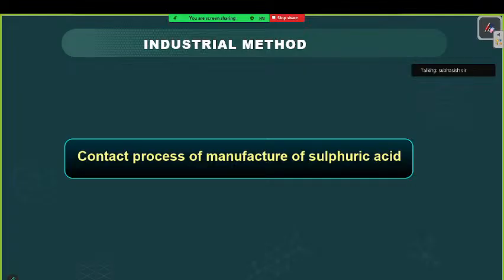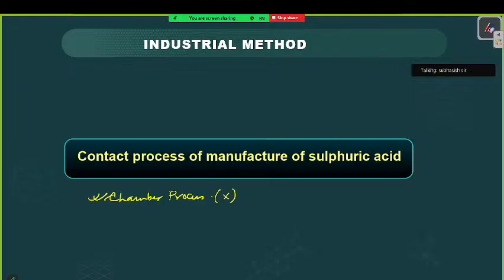Previously there were two different methods for the preparation of sulfuric acid, and both are industrial methods. One is the contact process and another one is the chamber process. But with the advancements of science, this chamber process is obsolete due to different limitations of this particular method.